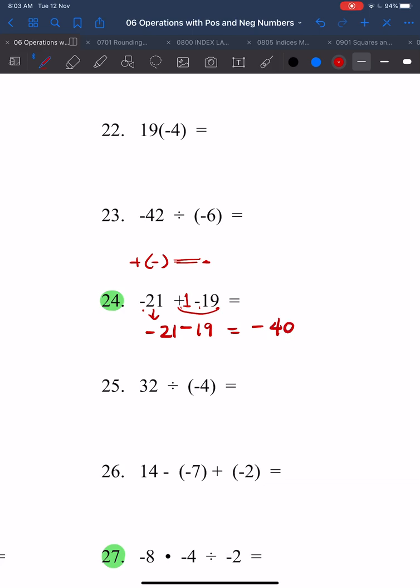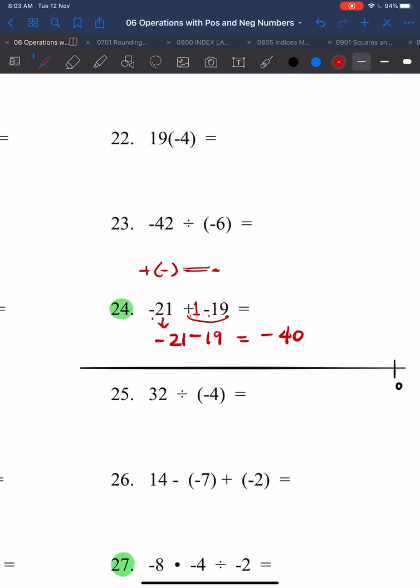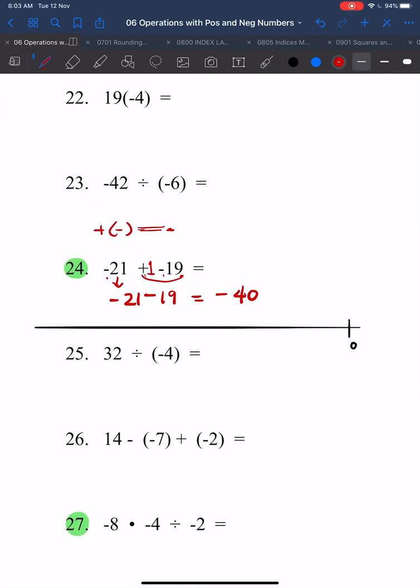Okay? Why? Let's look at Mr. Number Line. Okay, I'm gonna put the 0 all the way here, okay? And then I'm going to start with, let's pretend this is negative 21. Okay?